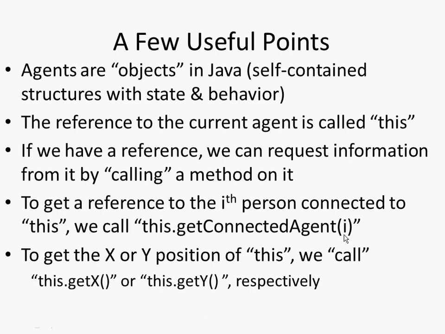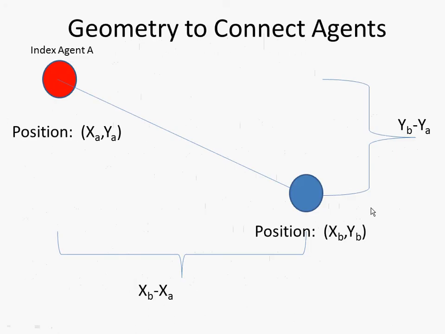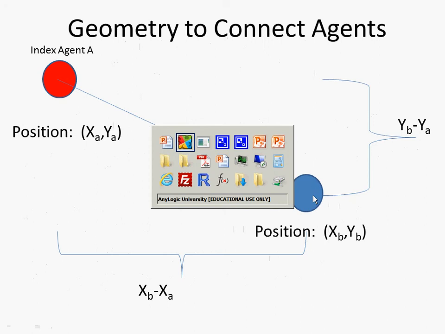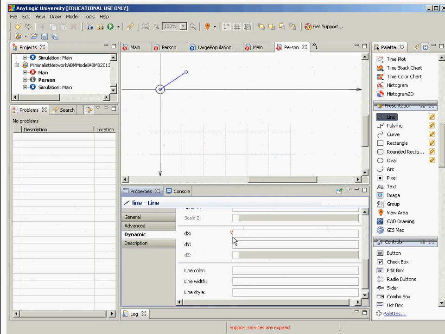Okay, so if I want to find out the location of this other agent, and I know that I'm dealing with line number 0, how could I get a reference to the connected agent for that line?